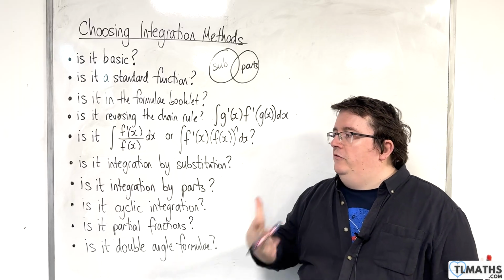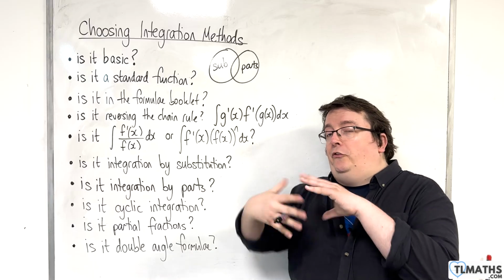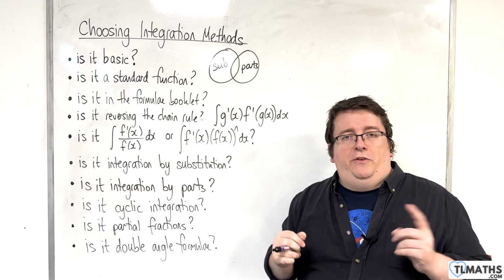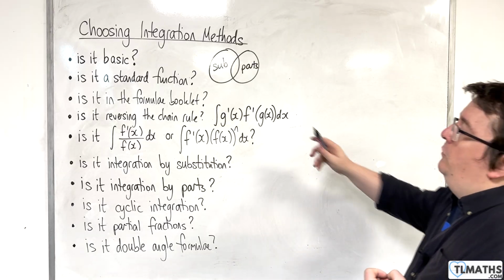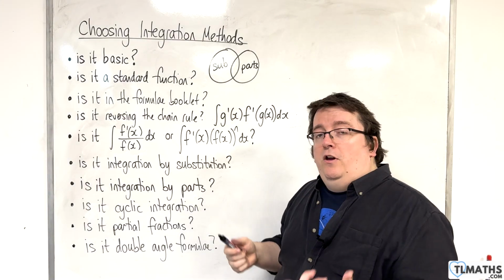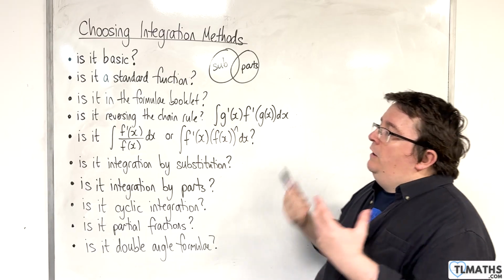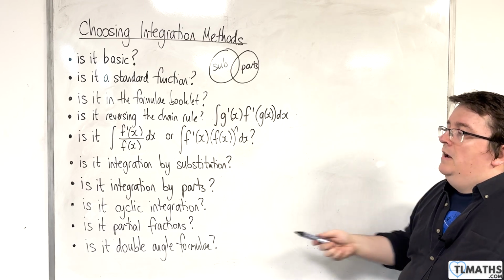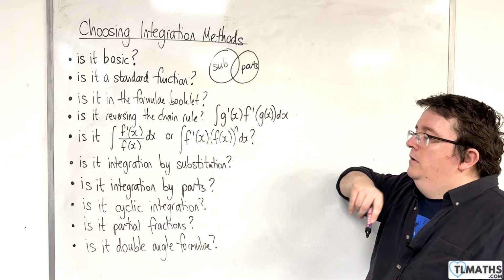There's lots of caveats, there's lots of examples that look similar to one another, and you need to remember, oh, that's integration by parts, that's integration by substitution. You need to remember if you can reverse the chain rule, so little things to look out for. Keep an eye on what's in your formula booklet, okay? A number of things in the formula booklet, including some of these formulae. The integration by parts formula, it's in the formula booklet, okay?